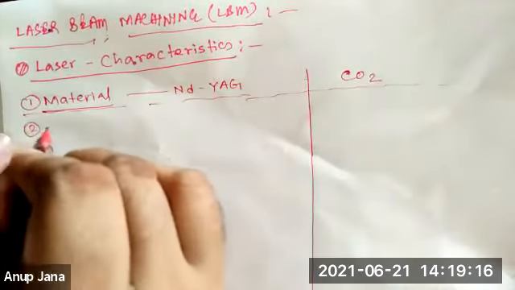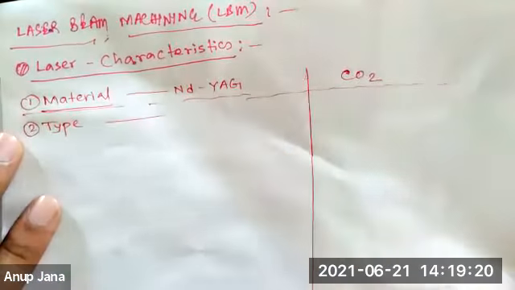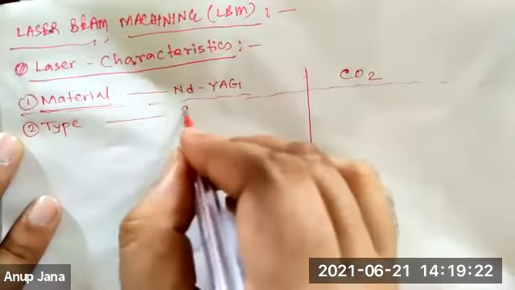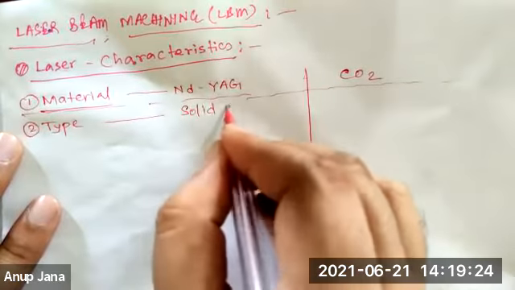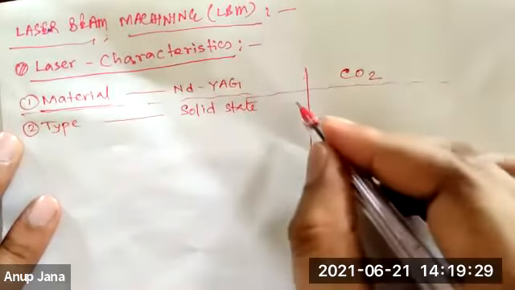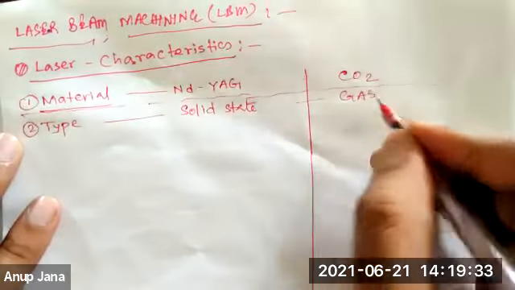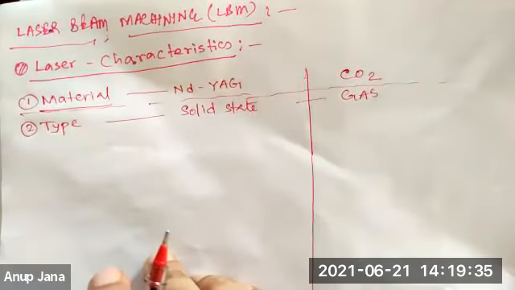Now, what is the type? Type of ND-YAG is solid state. This is a solid state laser, and CO2 is a gas laser. Already you know it.